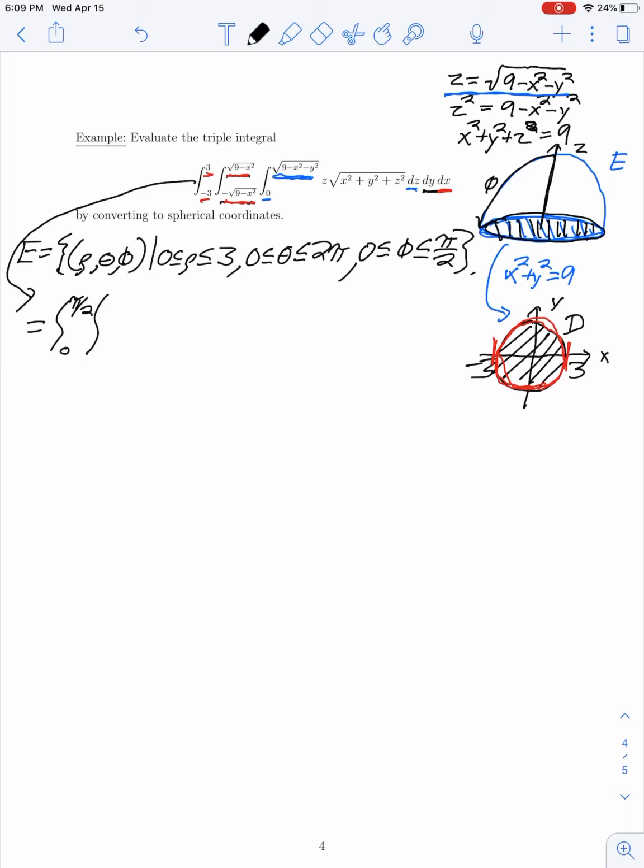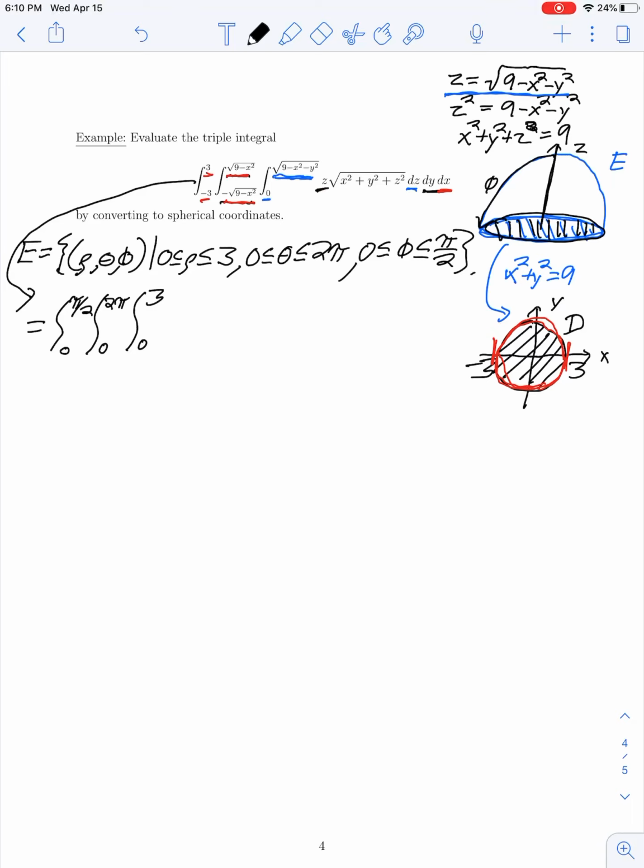The next integral with respect to theta would range from 0 to 2 pi. And then the innermost would be with respect to rho from 0 to 3. And the function that we are integrating here was given by z.